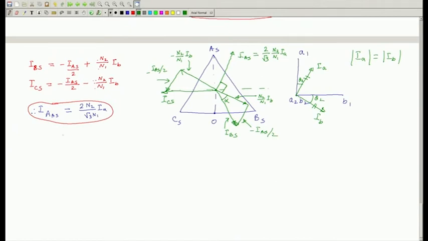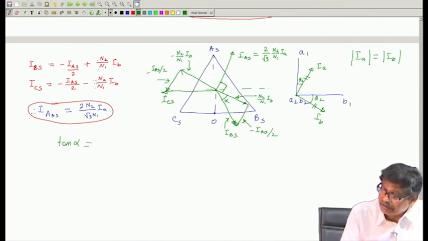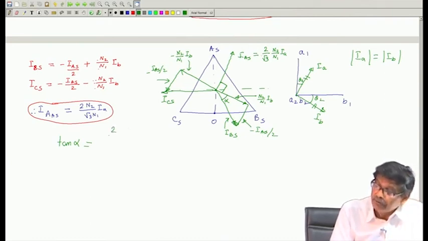You calculate tan alpha from this right angle triangle, tan alpha is equal to length of this. What is the length of this? IAS by 2. So, it will be 2 by root 3 into N2 by N1 into IA by 2, half.